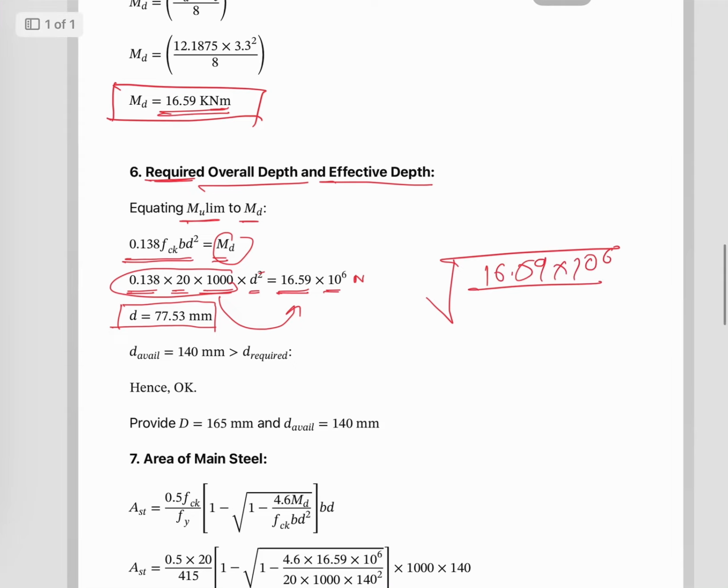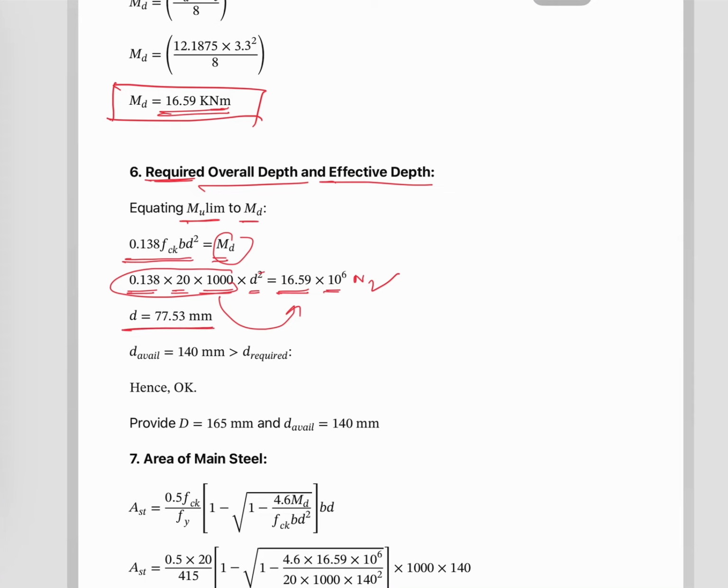If you're not able to solve this one, please let me know, I can help you out. So d equals 77.53 comes into the picture.